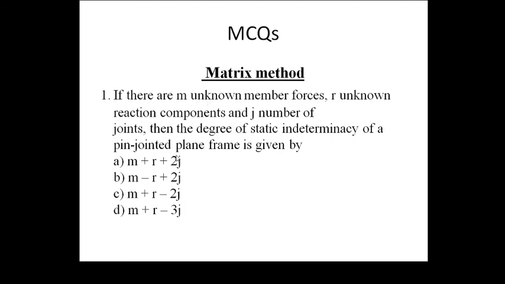We know that 2J minus R is for a plane frame. Here only M is added, therefore the answer is C: 2J minus R plus M, where M is the unknown member. We can find that M plus R minus 2J is the answer for pin-jointed frames.